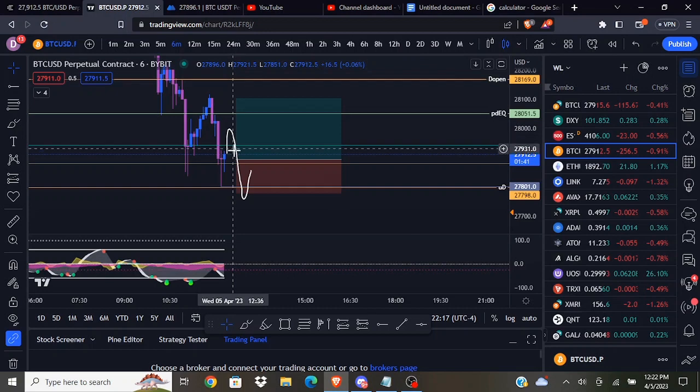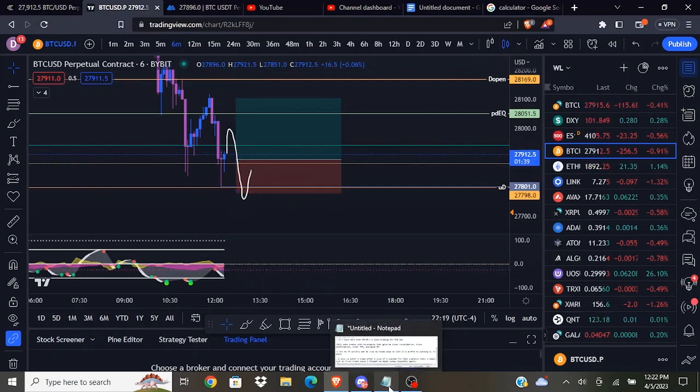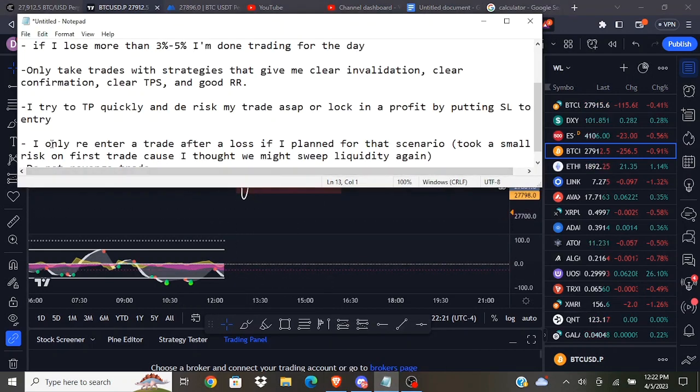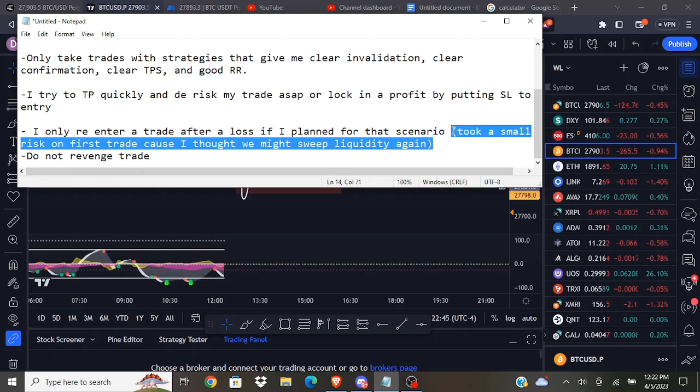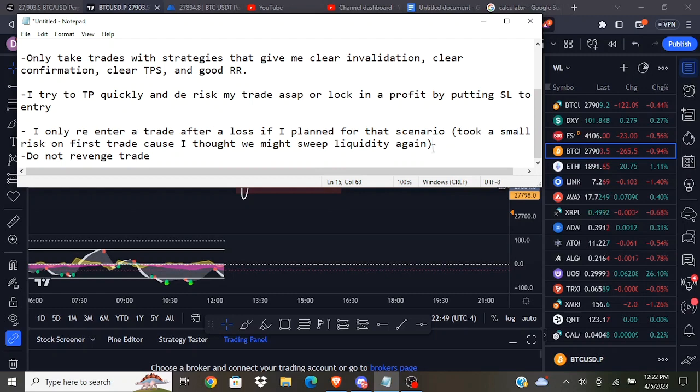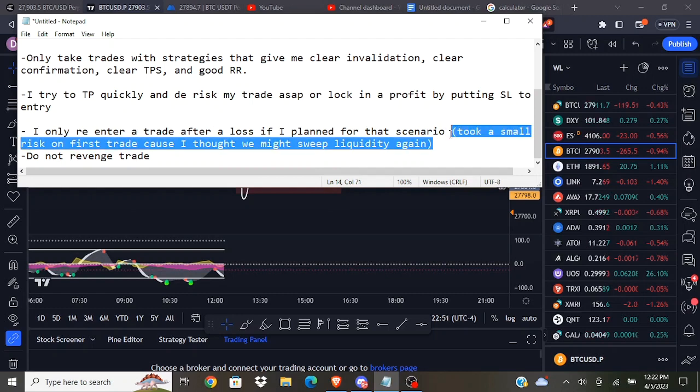So yeah, that is another little rule I like to follow, is I don't like to just re-enter if I get stopped out, unless I actually planned for the scenario. But sometimes I will admit I do take trades after I get stopped out, even when I didn't plan for the scenario, just because the confirmations that we saw on the last low were so good.